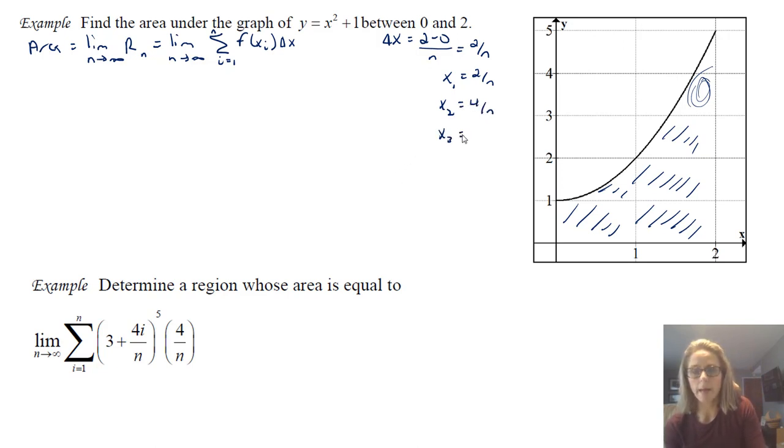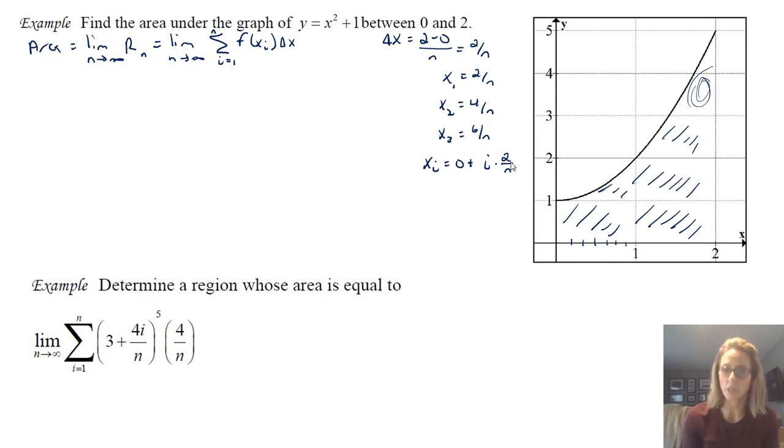And x sub 3 would be adding another 2 over n, so 6 over n. So it's just telling us where we would sit along the x-axis, but it changes depending on how many rectangles you're doing. So the big idea would be that x sub i is 0 plus i times the change in x. So just however many we have, that's going to tell us. So x sub i is 2i over n.